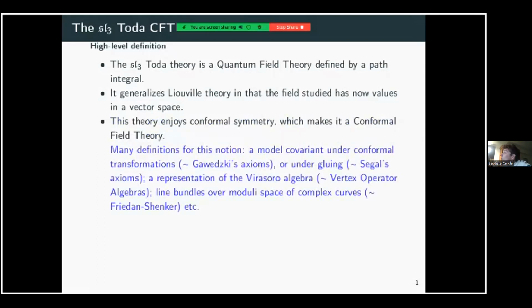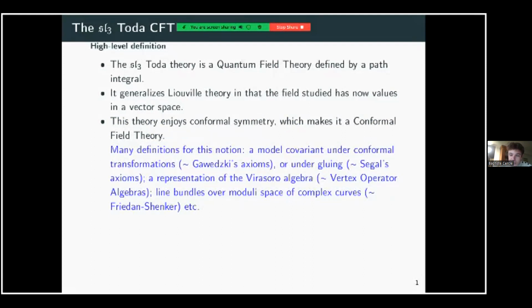One nice aspect of this SL3 Toda CFT is that it is a conformal field theory. There are many ways of defining what a conformal field theory is, depending on which background you have and what kind of definition you want.